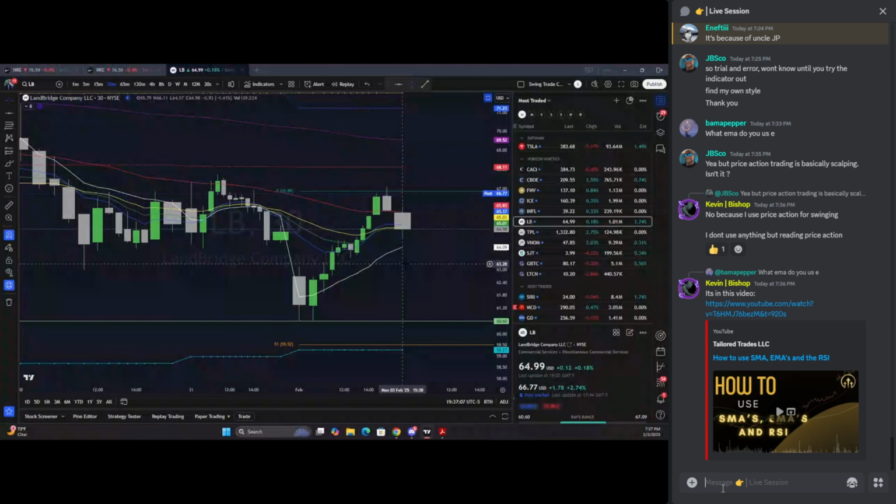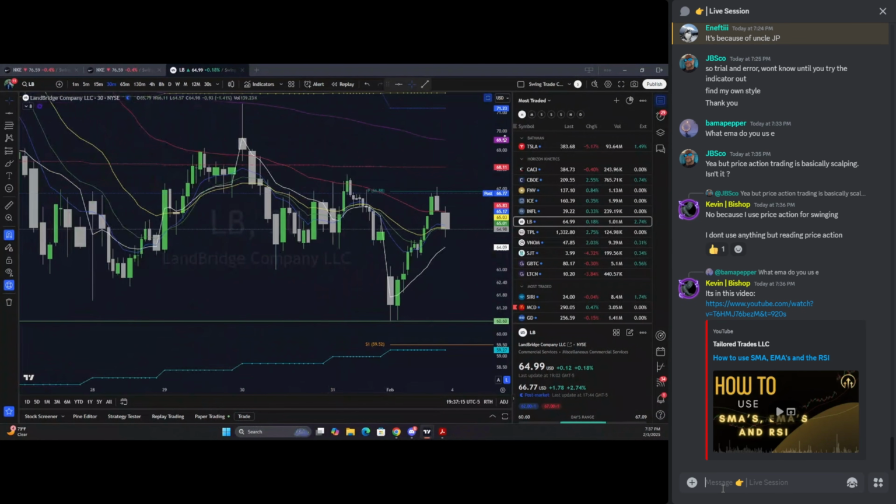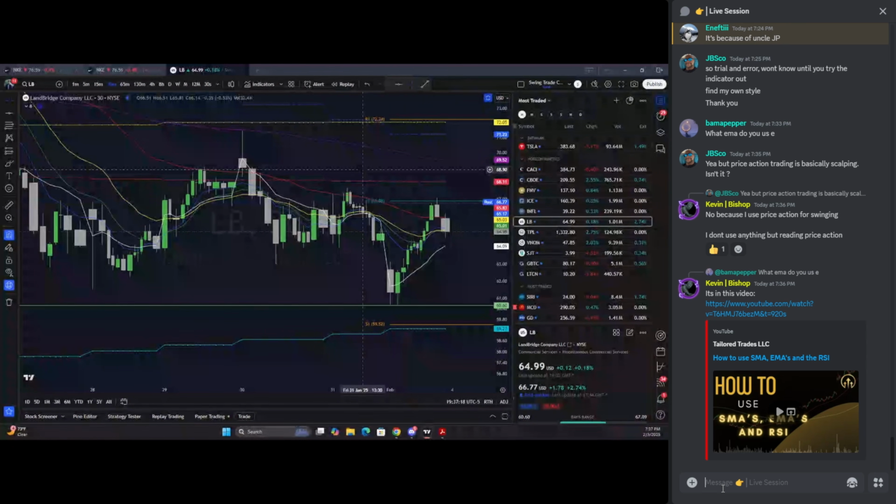I saw that someone asked what EMAs I use. I recently updated my EMA structure. I continue to use the daily SMAs because these form static levels.